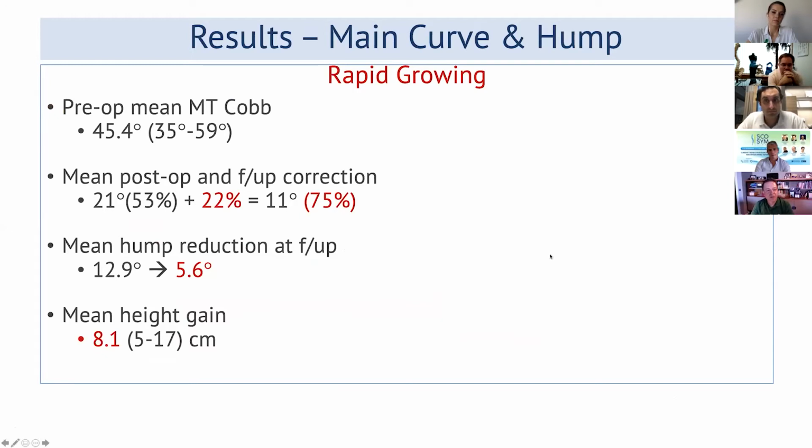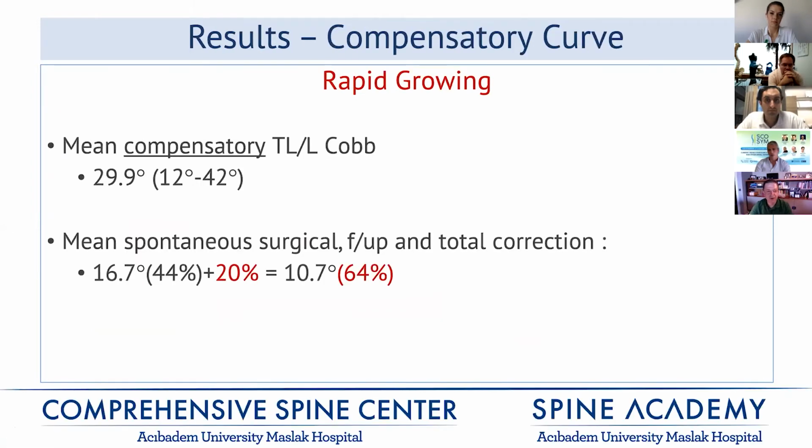So we had a mean hump reduction at follow-up of almost 50% and mean height gain of 8.1 centimeters. But I should remind that these patients are still growing, so probably we will have even more than 75% of correction at the end of the growth, when they reach maturity.